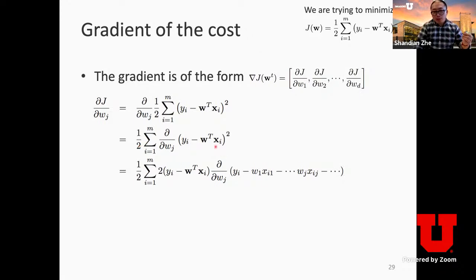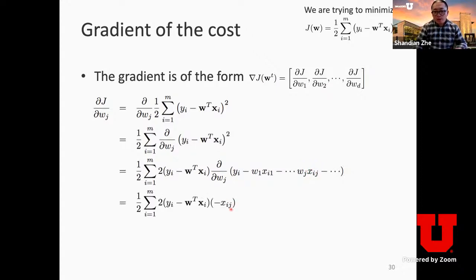See that this w transpose xi is simply w1 times xi1, the first feature in the ith instance, w2 xi2, until wj xij, the jth feature in the ith instance multiplying with the jth weight, wj. We find that there's only one term, this product term, that relates to wj. All the other terms are constant with respect to wj, so you can just ignore them and take the gradient for this product term only.